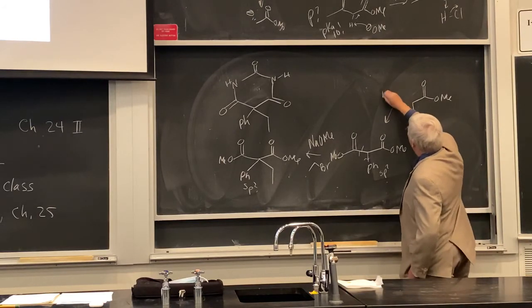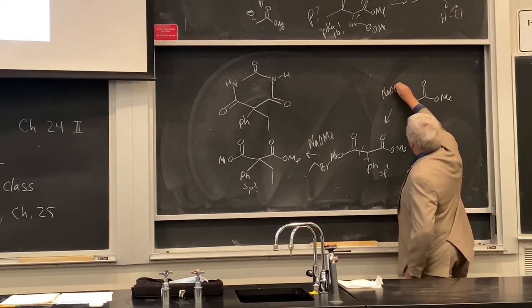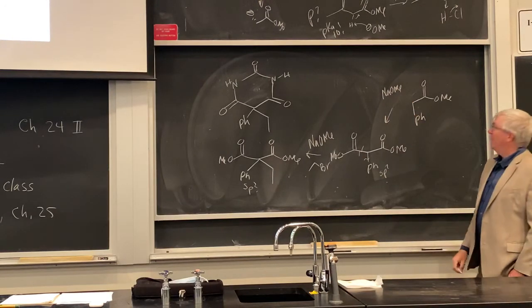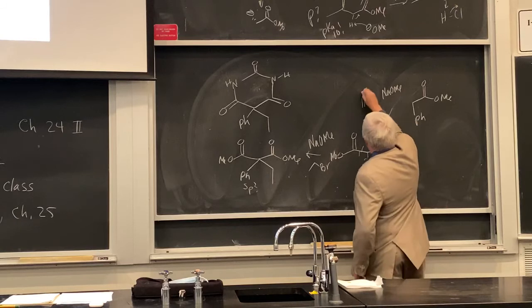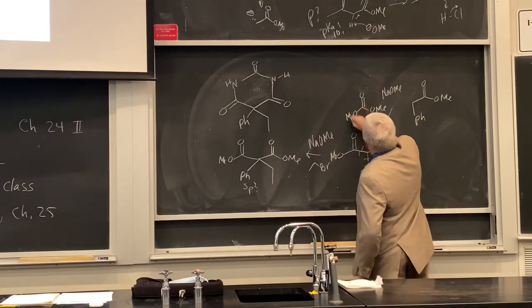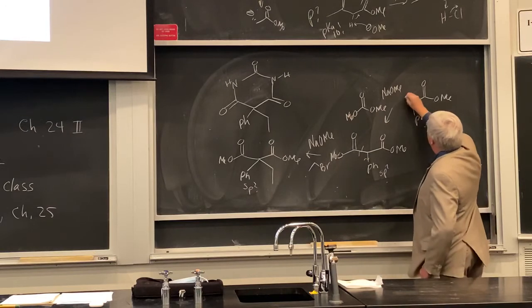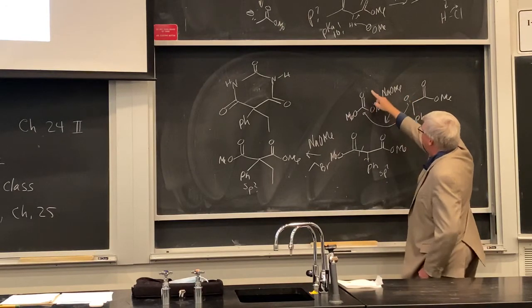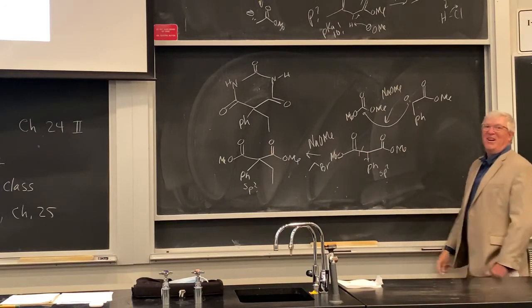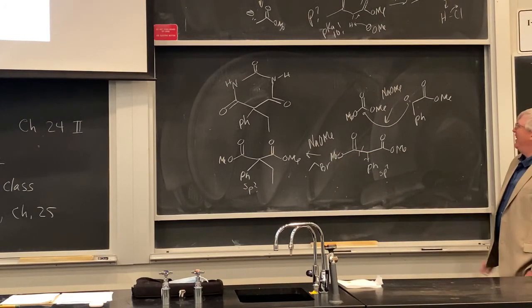Treat with sodium methoxide and what? One of our carbonates. You can use dimethyl carbonate. Okay, and so you'll form the enolate here and the tetrahedral intermediate, have it come down, kick off methoxide, and look, you put the other ester on there. And that's how they get around that problem.